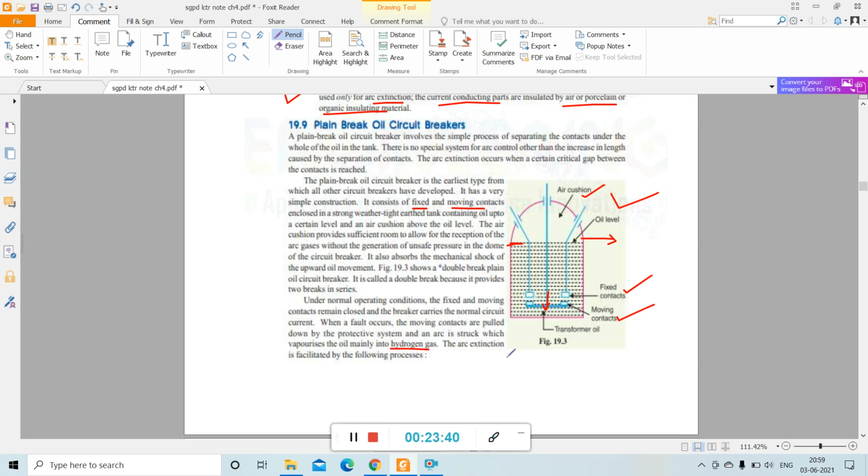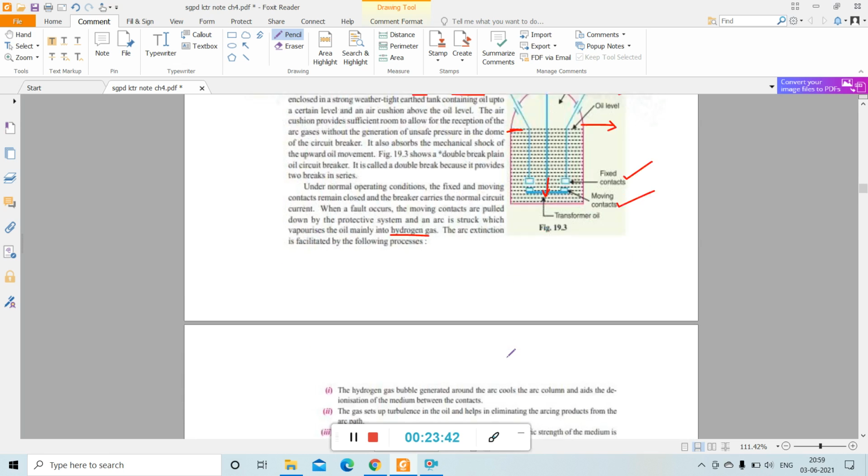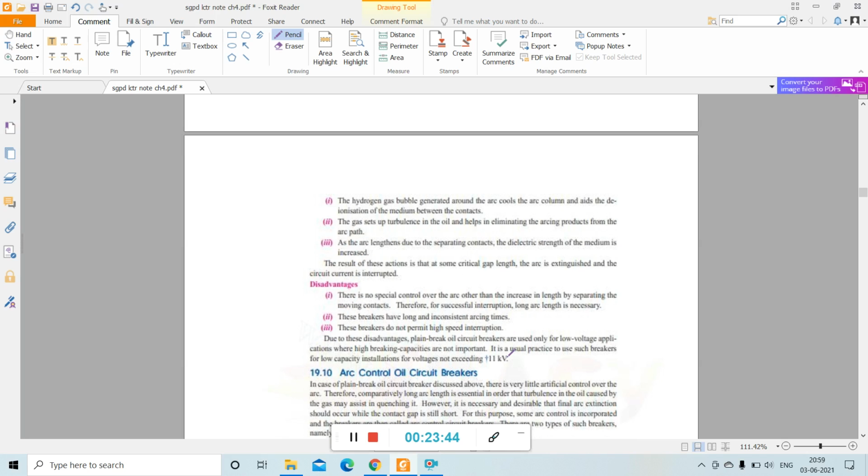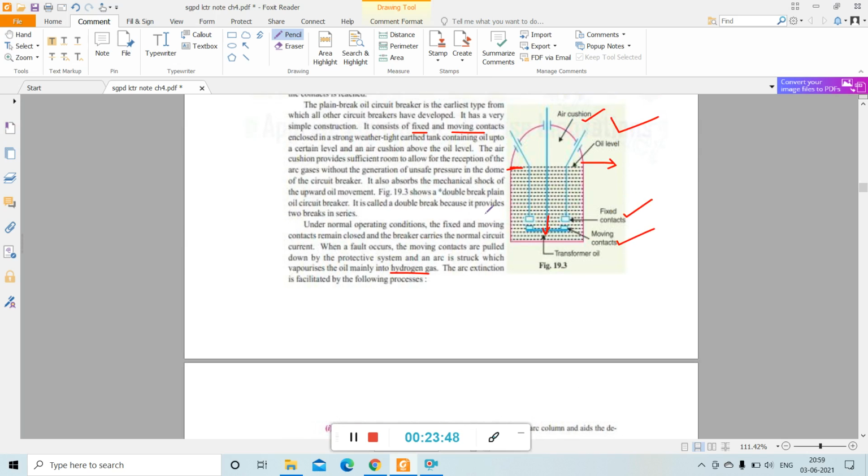So the arc extinction is facilitated by the following process. See, here the arc is struck, here the arc is struck, and a hydrogen gas bubble surrounds the arc like this. Here also the hydrogen gas bubble surrounds the arc.